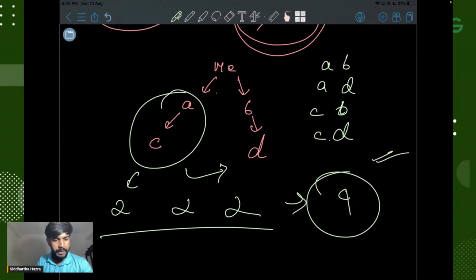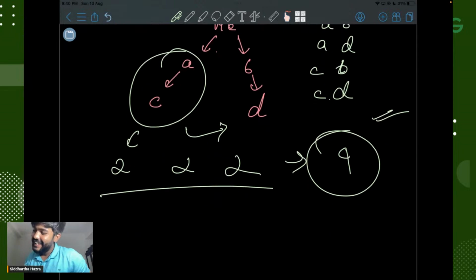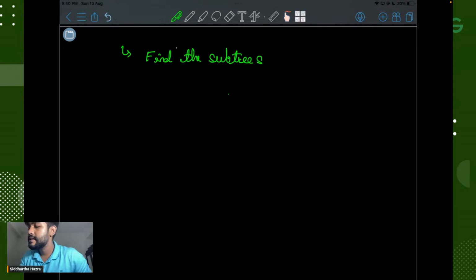Okay, now I can see something. Now the question is nothing but, for each node, I need to find the subtree sizes and multiply them among each other.